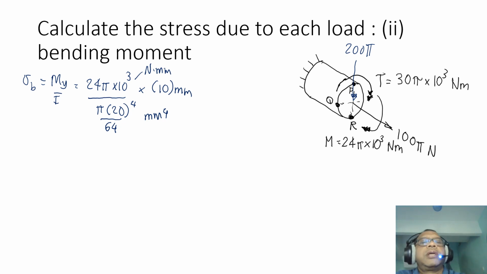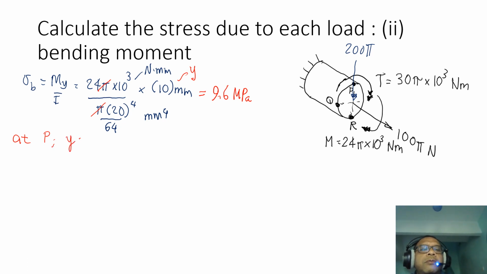So the bending stress is 9.6 megapascal at y equals 10. So at P, y equals 10, and therefore the bending stress is 9.6 megapascal. And because of the direction of the bending moment, P will undergo tension.